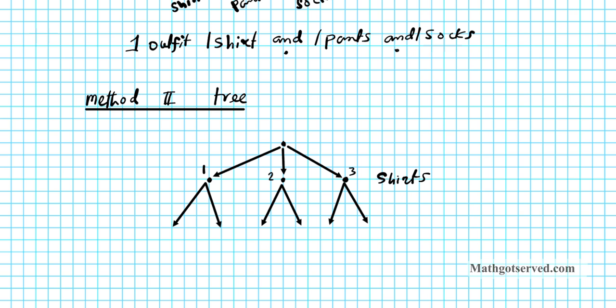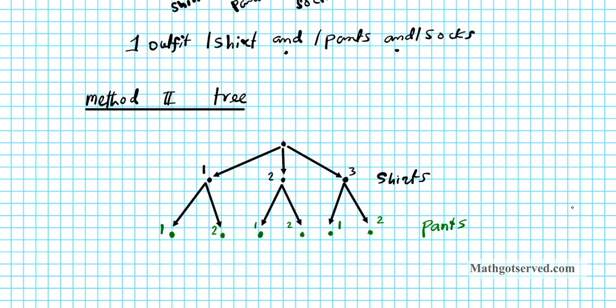So if you selected shirt 1 first, you can pick pant 1 or pant 2. If you selected shirt 2, you can also pick pant 1 or 2. If you selected shirt 3, you can pick pant 1 or 2. Okay, so with these shirts and pants, now you have 1, 2, 3, 4, 5, 6.